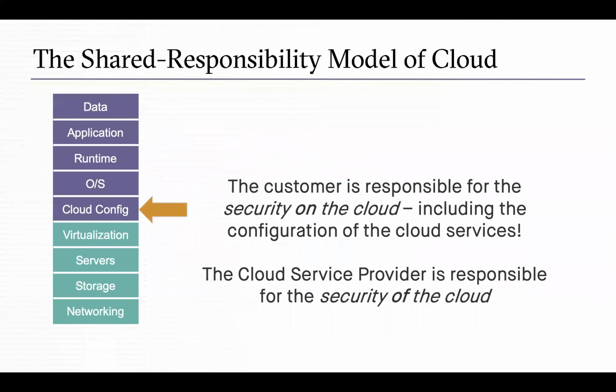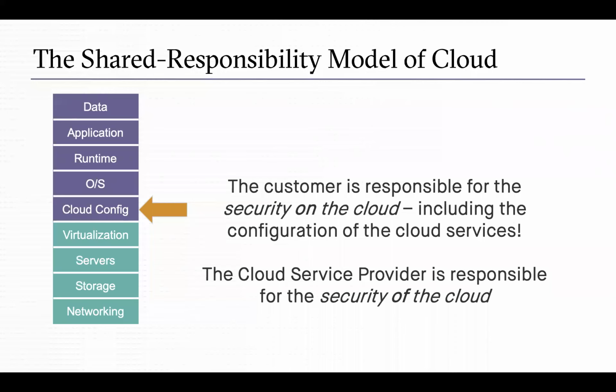I'm going to take a slight detour here and talk about the shared responsibility model of cloud to point out some things you may not have thought too much about around where your responsibilities lie and where the cloud service provider's begin. So at the bottom, the green boxes from networking, storage, servers, virtualization, these are the things the cloud service provider takes care of for you.